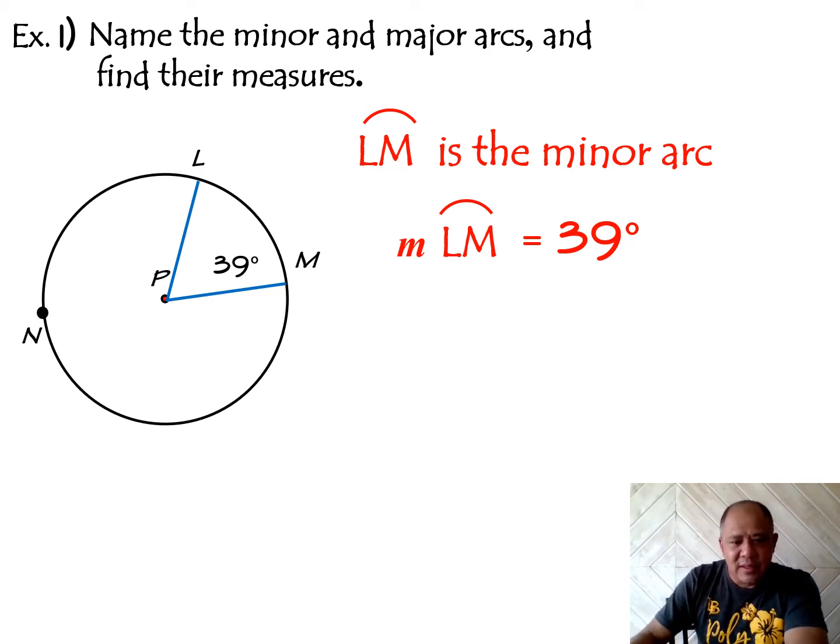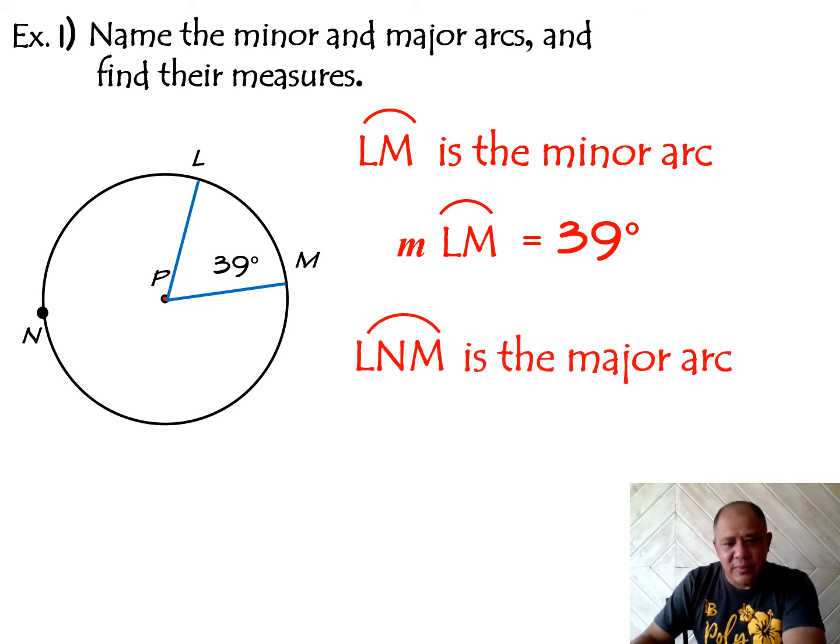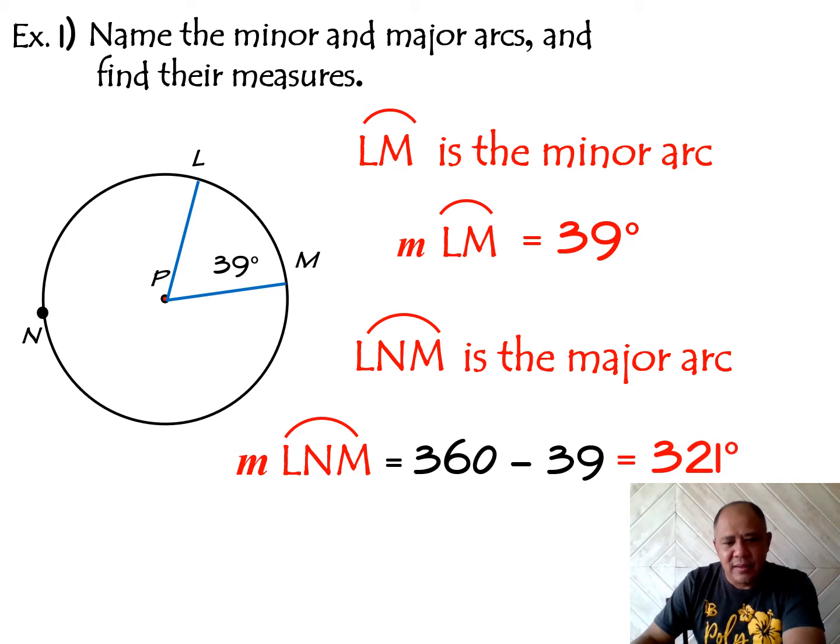The other part of the circle would be LNM, the major arc. And that's found by 360 minus 39. So that would be 321 degrees. So the minor arc is 39, the major arc is 321 degrees.